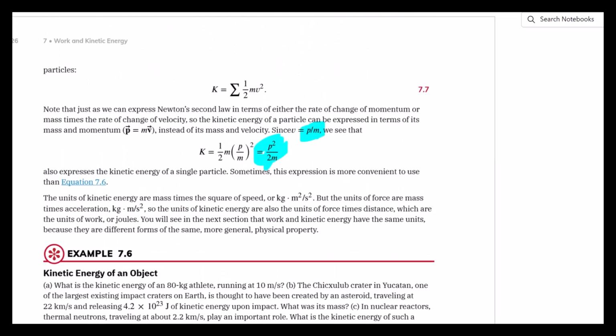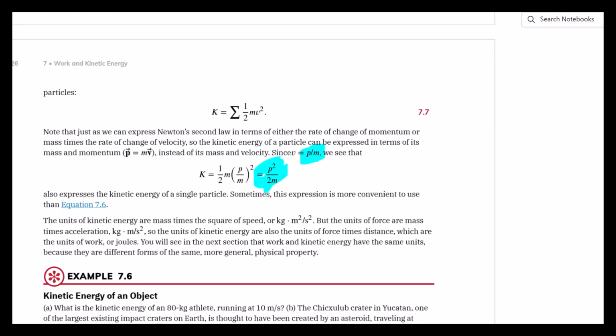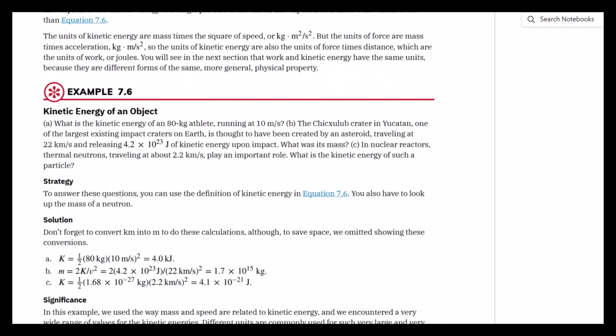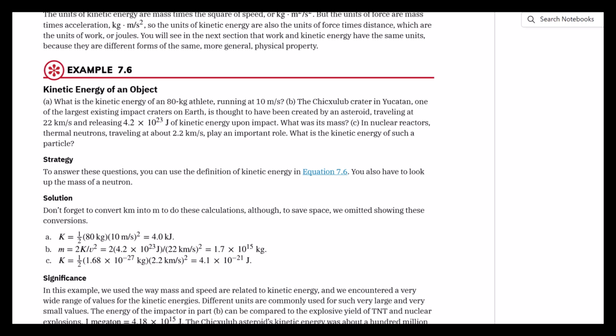So I think that there's another way that we can express it, but let's see. I actually don't feel like these questions here are terribly interesting. You know, what is the kinetic energy of a so-and-so running at a so-and-so? Their kinetic energy is 1/2 the mass times the velocity squared.